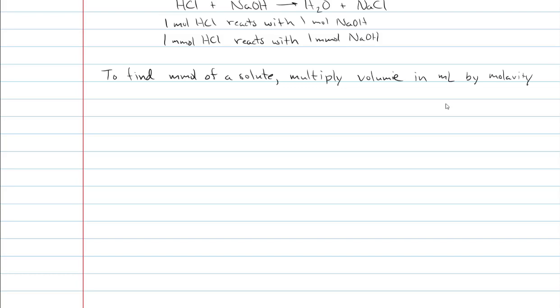So, for example, if I have 40.0 milliliters of 0.50 molar HCl, all I have to do to find the millimoles of HCl is just multiply those numbers together. And 40 times 0.5 is simply 20 millimoles of HCl.